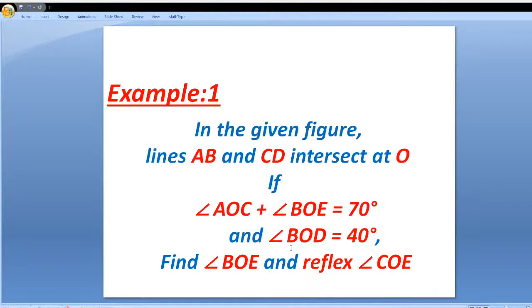In the given figure, lines AB and CD intersect at point O. If the sum of AOC and BOE is 70 degrees and BOD is equal to 40 degrees, find BOE and reflex COE.